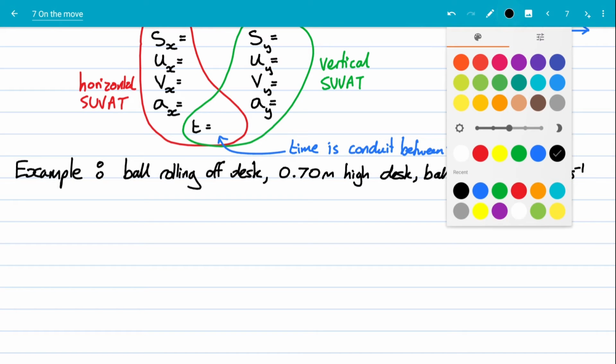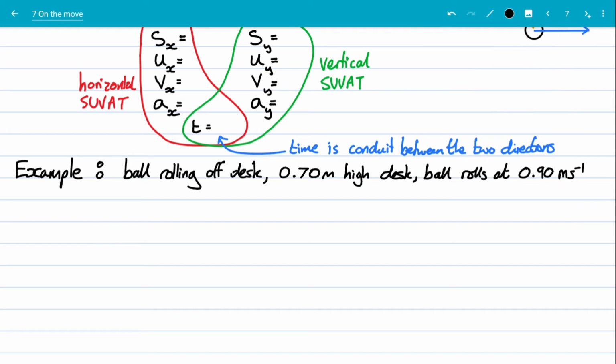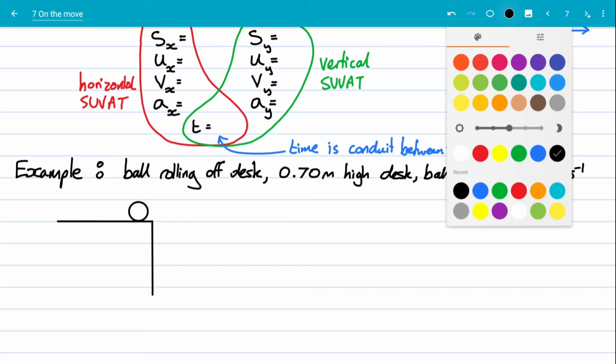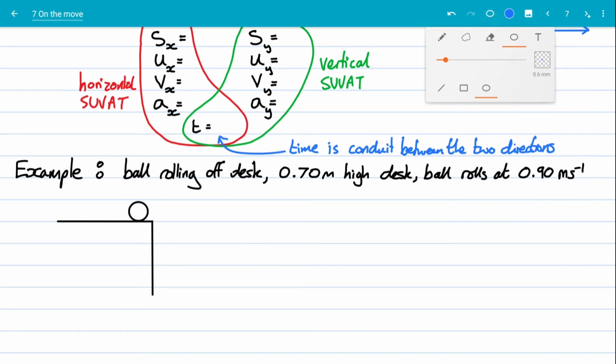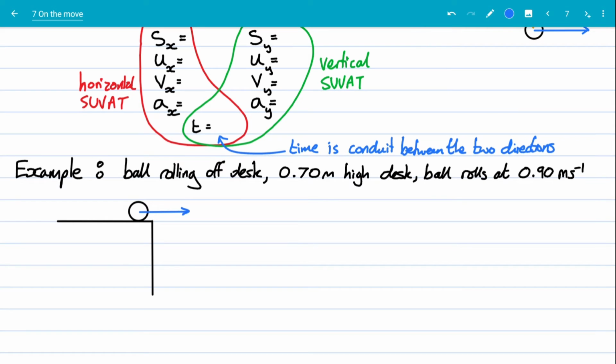If we wanted to draw a sketch of the setup, what we've got is a desk like this. We've got a ball which is rolling towards the edge of the desk. The ball has an initial velocity entirely in the horizontal direction, which is going to be, I'll just call it u, 0.90 meters per second.